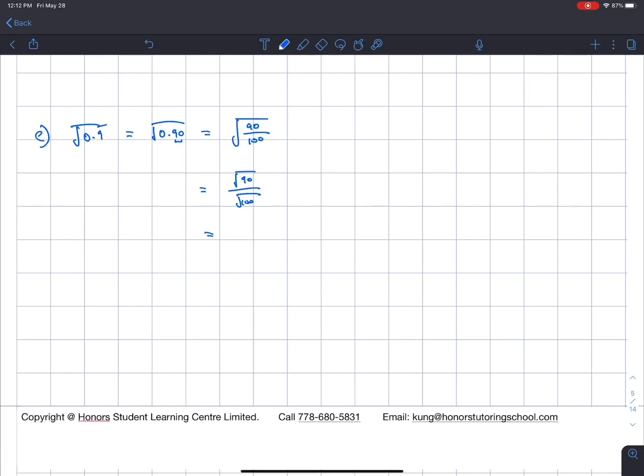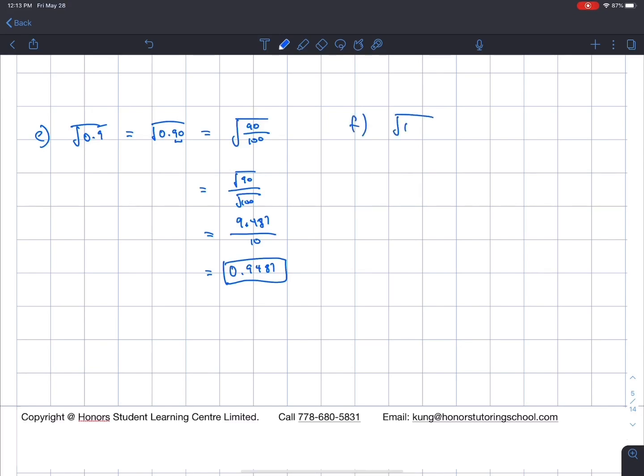The square root of 90 is 9.487, and the square root of 100 is 10. When you divide a decimal number by 10, you move the decimal point 1 place to the left. So your answer is 0.9487. You just move that decimal point 1 place to the left when you divide something by 10.